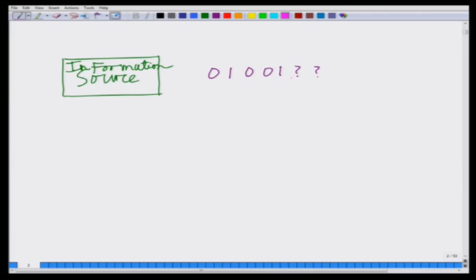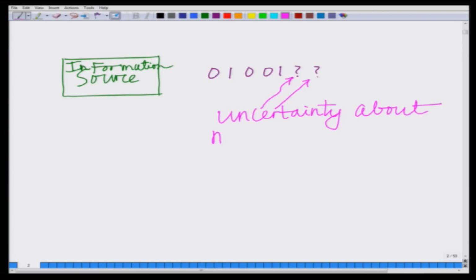So, there is uncertainty about the next information symbol.